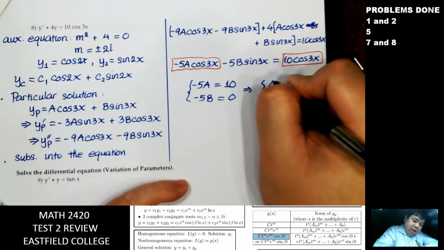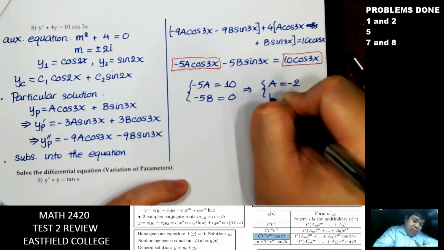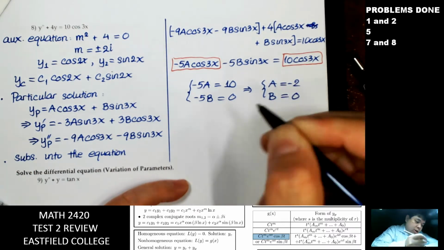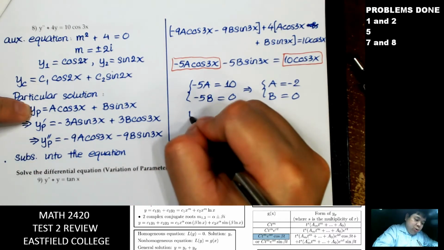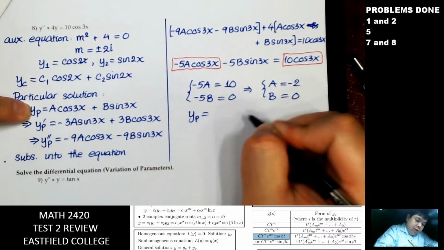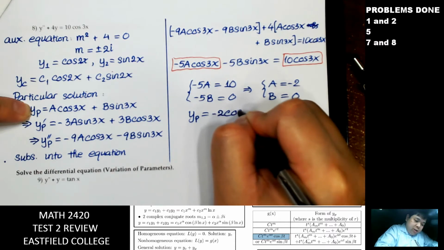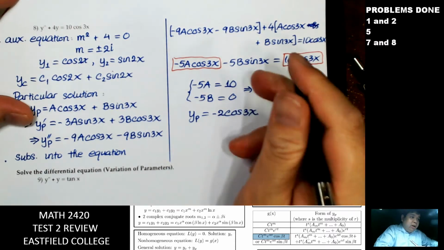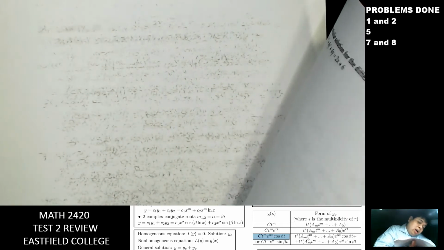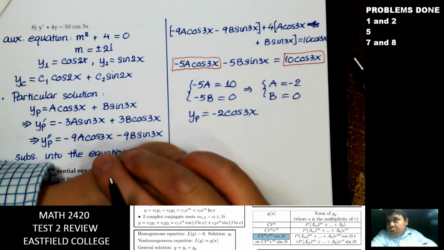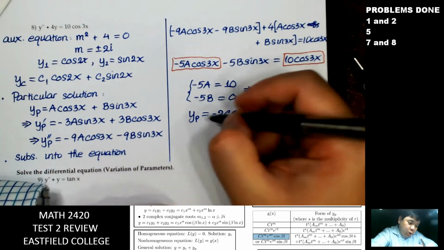So we have a is negative 2 and b is 0. Because of that, the particular solution will be negative 2 cosine 3x. And the question only asks for the particular solution. So that's what we have.